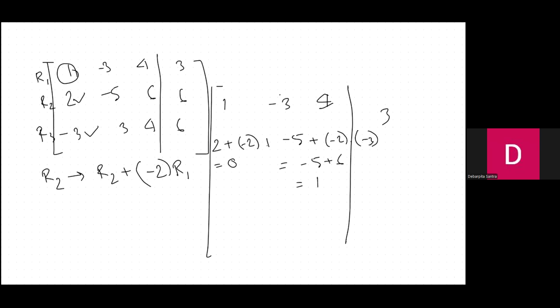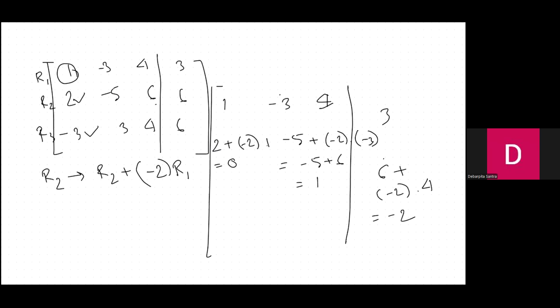The third value will be, this one is 6. So 6 plus minus 2 into R1, that means 4. So it is 6 plus minus 8, so it is minus 2. So 0, 1, minus 2.